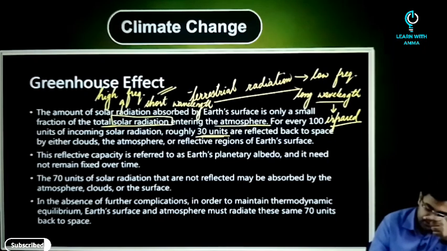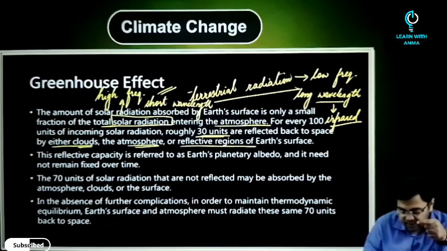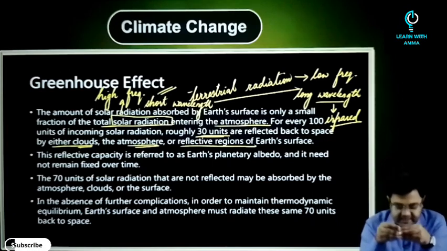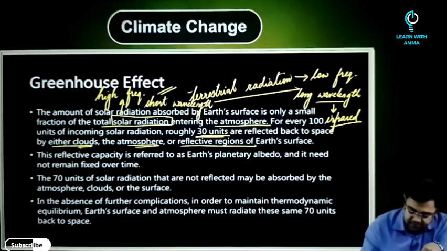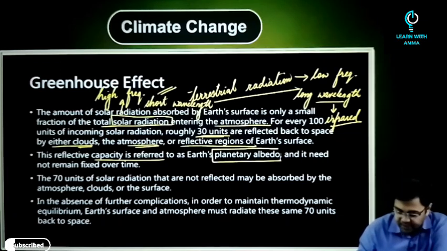It can happen either by the action of clouds in the atmosphere or other reflective regions of the Earth's surface. This reflective capacity that the Earth has is called planetary albedo.